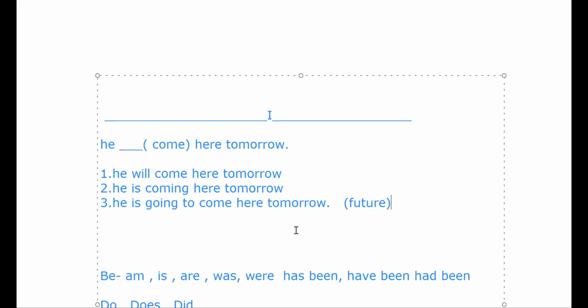Without present, there is no future. Even if I talk philosophical, if there is no present, where is the future? Maybe English speakers believe in that philosophy. So whenever they want to express it, look at this one. Will plus, this is present form, right? Come is present form. Will plus present form. And is coming is present form. Is going is a present form.